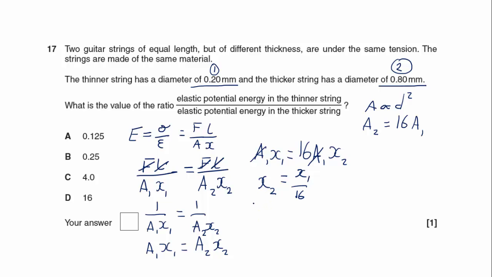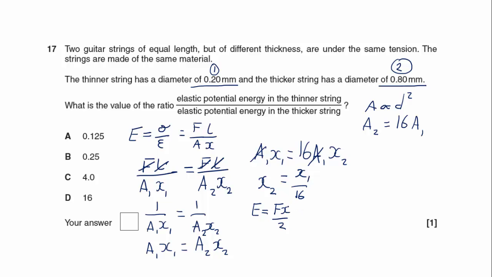Okay, now we've got to look at the elastic potential energy. So I'm going to be using, as I don't know anything about the spring constant, and that's going to be a long route to get to that, I'm just going to say it's going to equal 1/2 Fx.